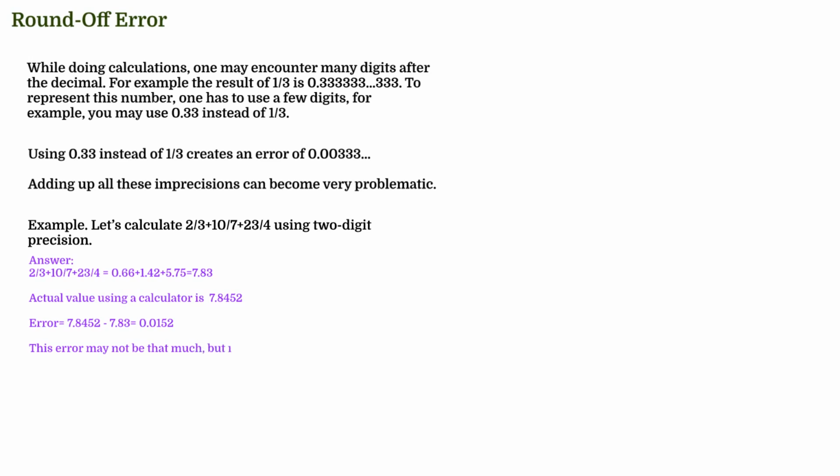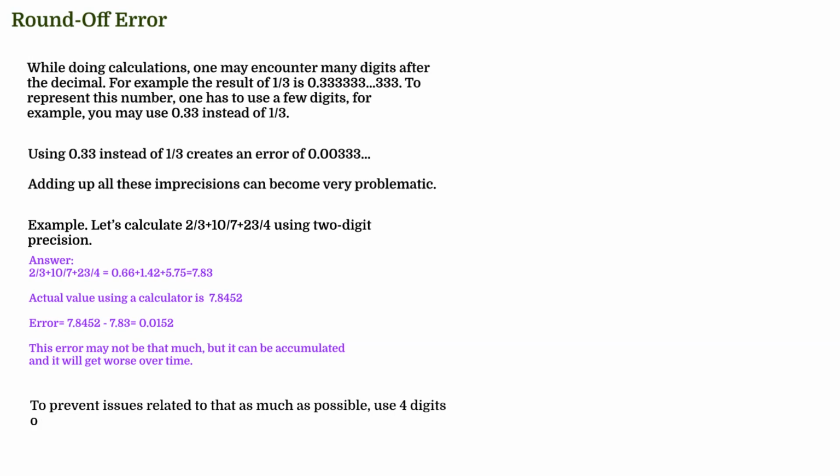This error may not be that much, but it can accumulate and get worse over time. To prevent issues related to that as much as possible, use 4 digits of precision when doing calculations by hand.